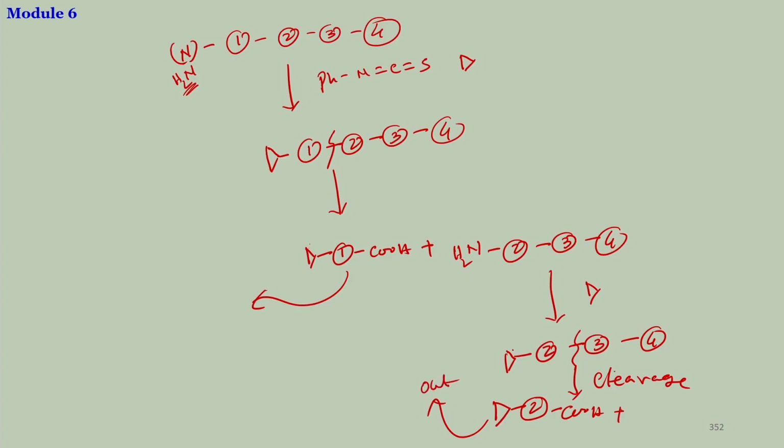So this is out, plus the rest of the peptide or the protein starting with 3, 4 and the others, with again exposure of another free amine, and this will go on and on. By characterizing each of these fragments that come out every time, you can know the entire sequence of the protein. That was the Edman degradation method.